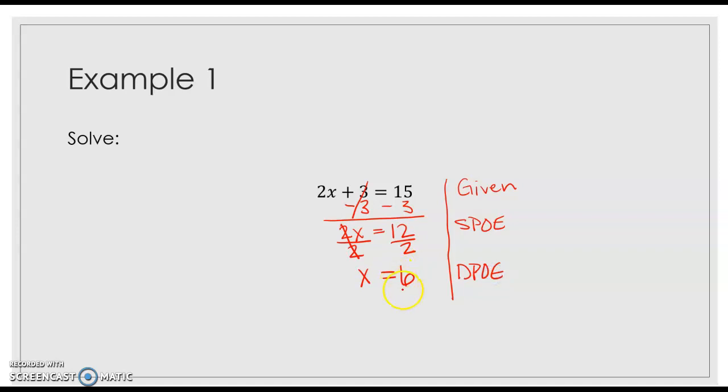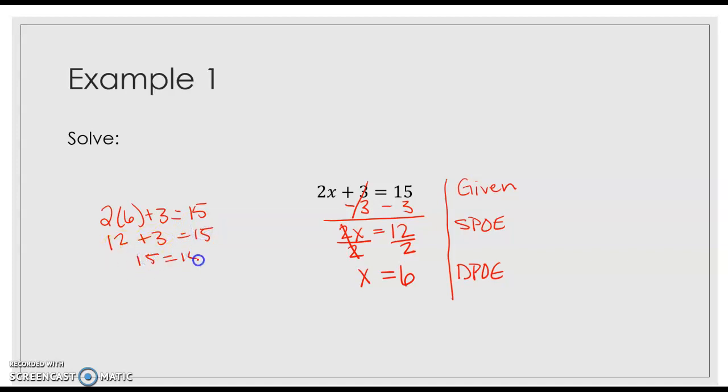And if ever I question whether this is correct, I'm just going to plug it back in. 2 times 6 plus 3. So instead of asking your teachers, is this answer correct, you have the ability to type this into the calculator and see if it gives you 15. I'm not using a calculator right now, so I'm going to do it by hand. 2 times 6 is 12, plus 3, and 12 plus 3 is 15.